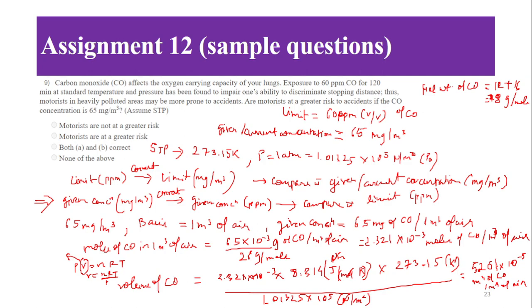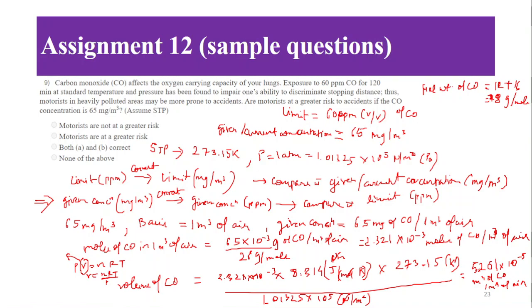So this is volume by volume, 5.201 into 10 to power minus 5. We go to the next page. So we shift the decimal.